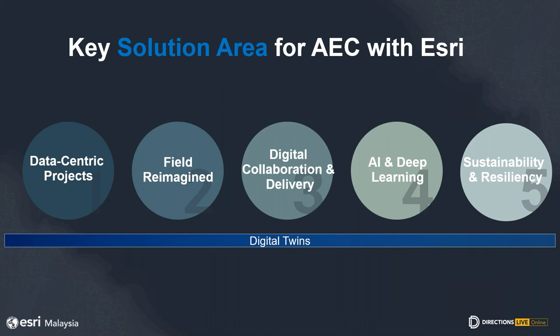There are another three solutions, including digital collaboration and delivery, which is about how we can use ArcGIS to facilitate seamless teamwork and project delivery; AI and deep learning, where we can leverage advanced analytics and machine learning for improved insight; and lastly, sustainability and resilience, which we use to ensure environmentally friendly and resilient project outcomes. And there is an AEC bonus trend, which is digital twins.